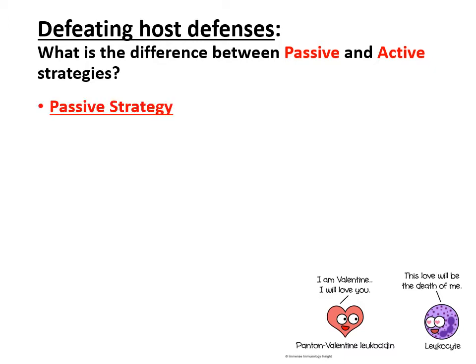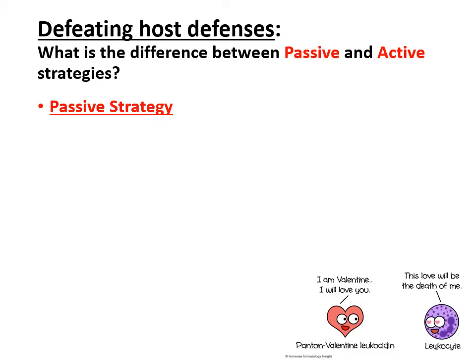Remember, active means energy, whereas passive means no energy. Very passive, you don't need to do anything extra. It's just there, right? So for bacteria, if they're trying to defeat the host defenses passively, it tells you that it's something about them that they don't have to do anything extra for.